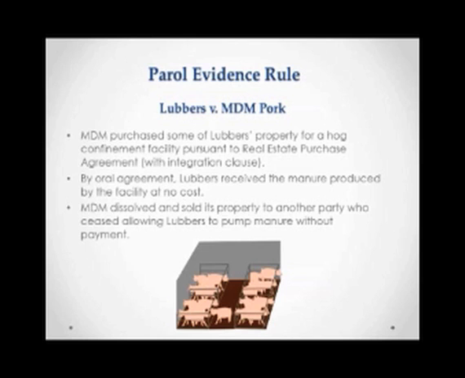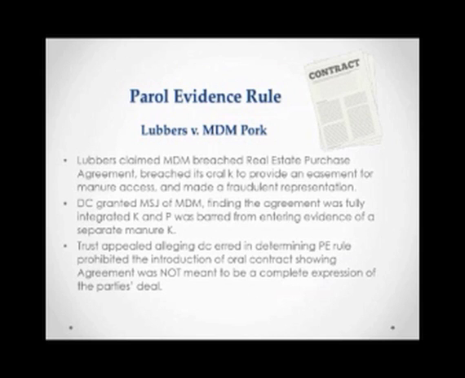MDM eventually dissolves, sells its property to a third party, and in that agreement there's a provision that says, look, for the extension or for the rest of 2012, give Lubbers the manure. And then in 2013 they stop giving Lubbers the manure. So Lubbers files an action against MDM.